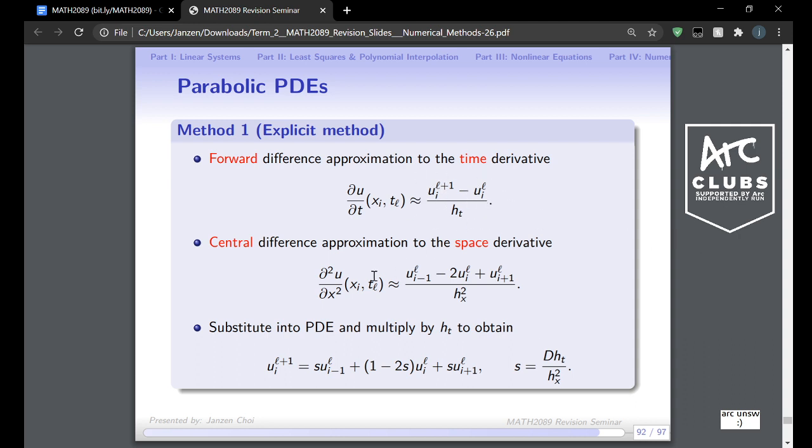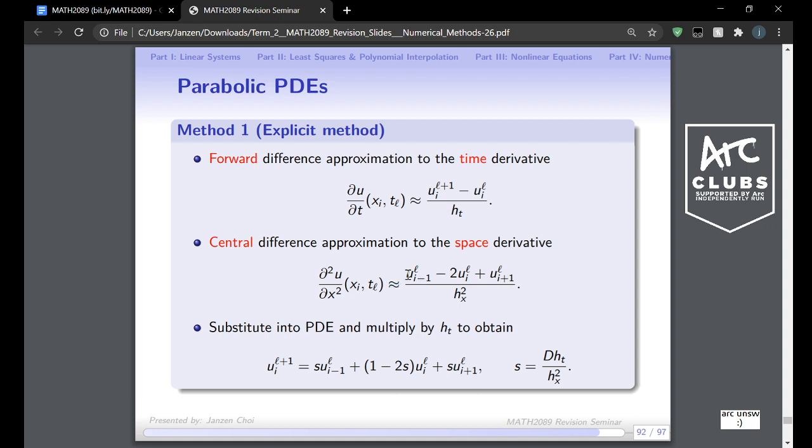But since the space derivative is of second order, we will be using the second order central difference approximation as shown here. I'm not sure if they mark you on these squiggly equal signs, the approximated equal signs, but I think it's good to make that a habit.